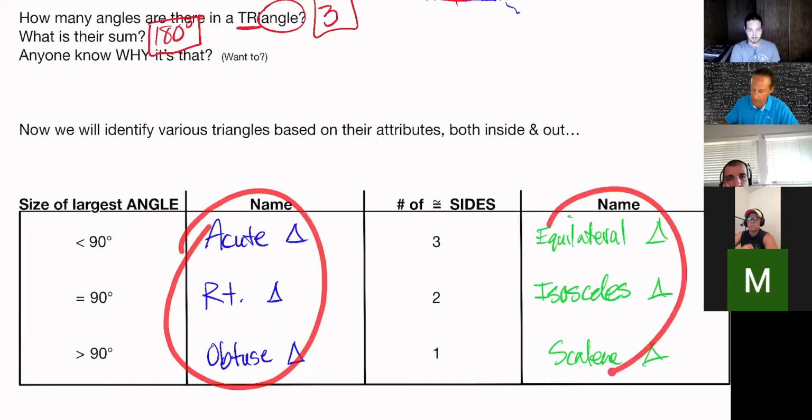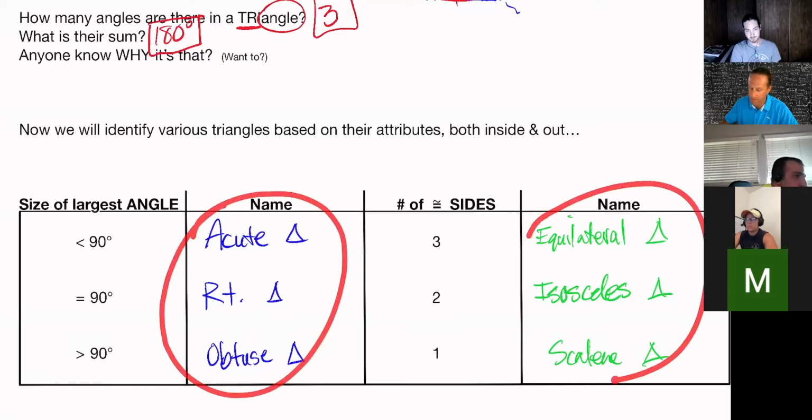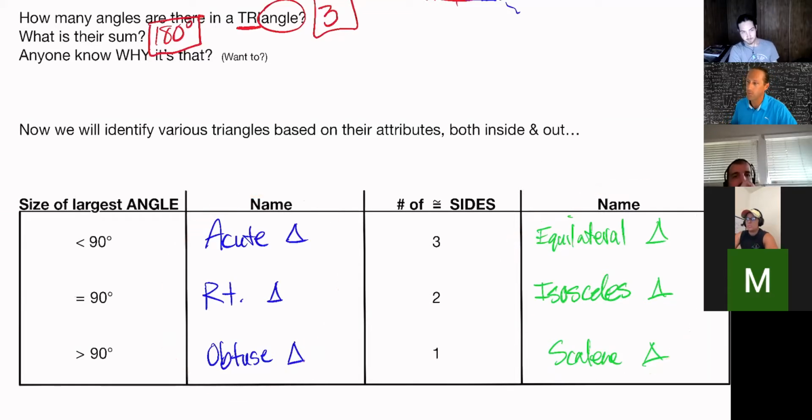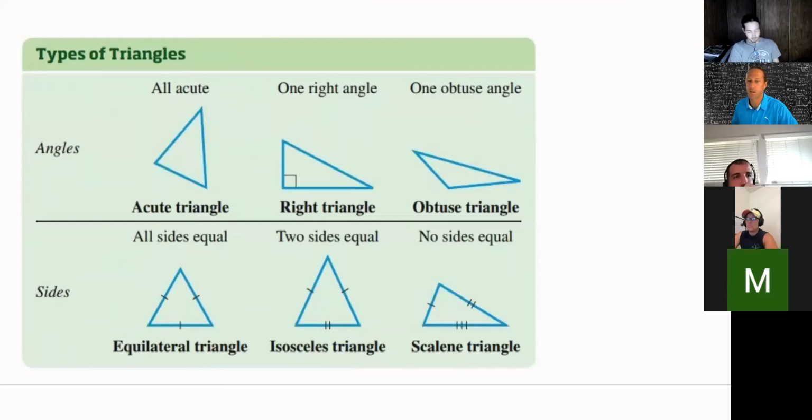Typically this and then that, inside out. If I had an acute scalene, I know all of the angles are less than 90 and none of the sides are the same. So if you hear these terminologies, they're already telling you stuff about either the inside or the outside or both. There's what they look like if you wanted to check it out.